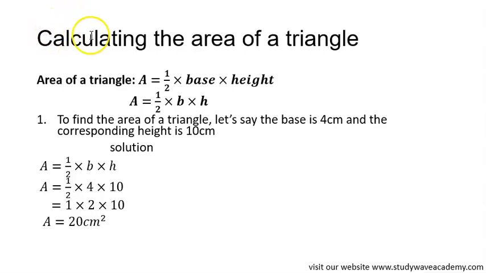Next we have calculating the area of a triangle. We have looked at how to calculate the perimeter of a triangle. Now we're going to be looking at how to calculate the area of a triangle.